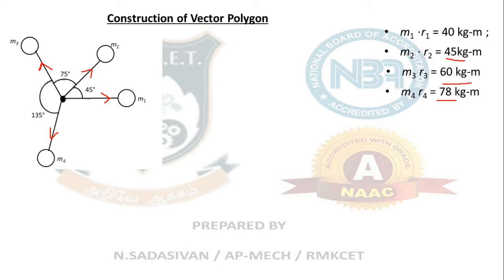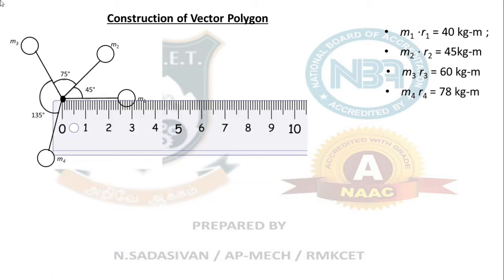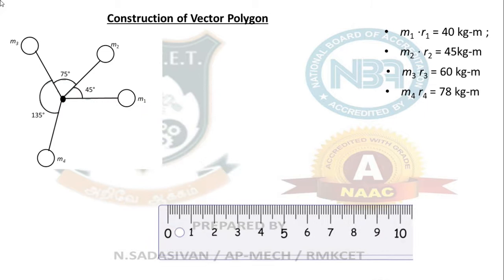Okay. Now let us start drawing the force polygon. I am going to start. Take your scale and place it like this. I am going to start with the horizontal. Just for reference sake, I am putting the scale there. Next, the inclination you are going to take, we'll see that when it comes. You take this direction of mass m1, that is horizontal, and move the scale here.